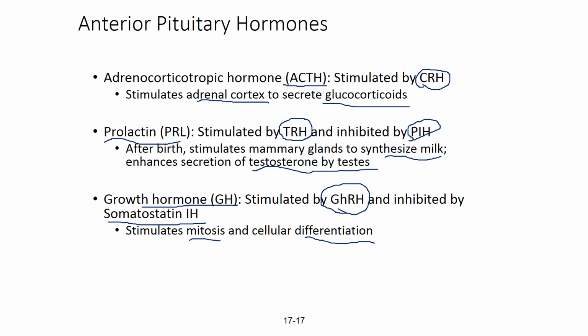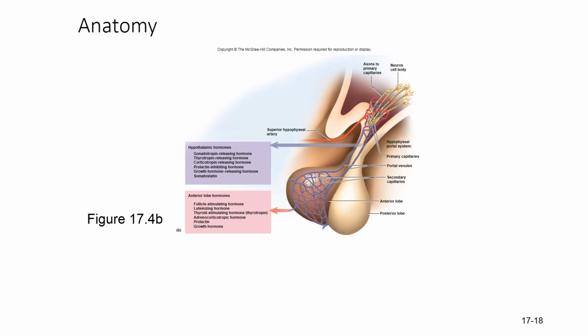It has a widespread effect on that, so we can get cellular growth and repair. So all these hormones we just talked about, our hypothalamic hormones in the purple, come down the portal system, and they're going to control the release of these hormones from the anterior lobe.